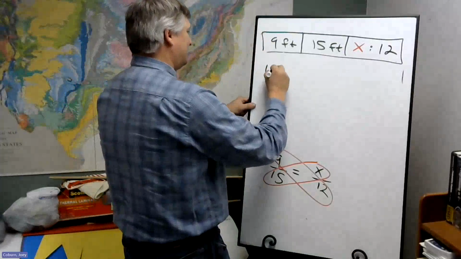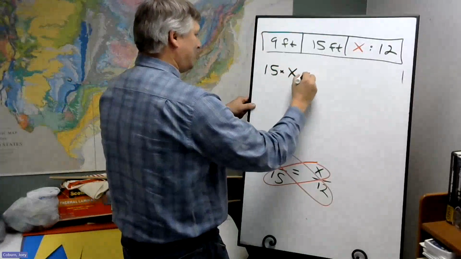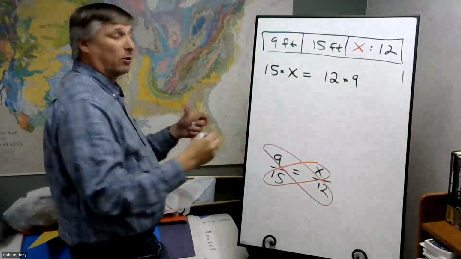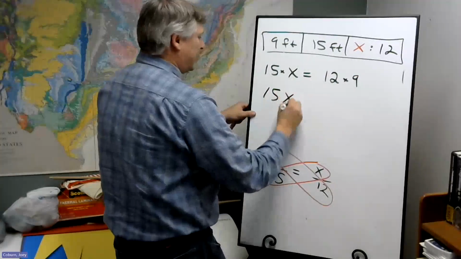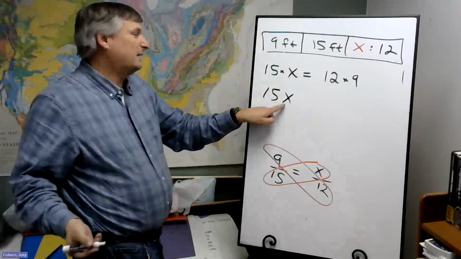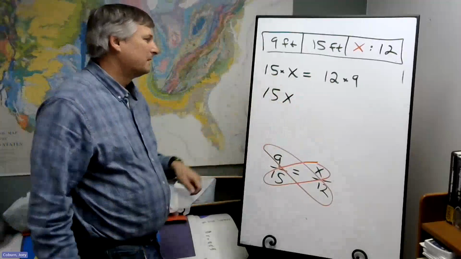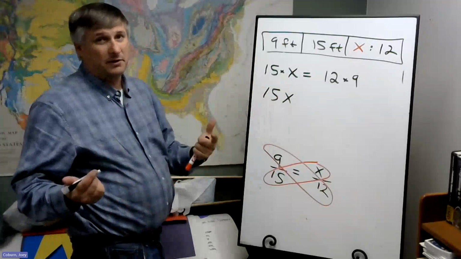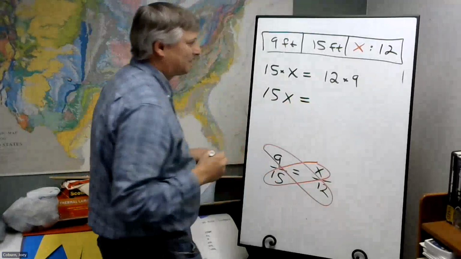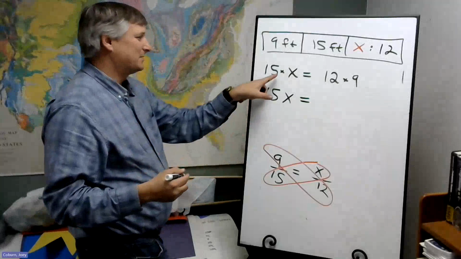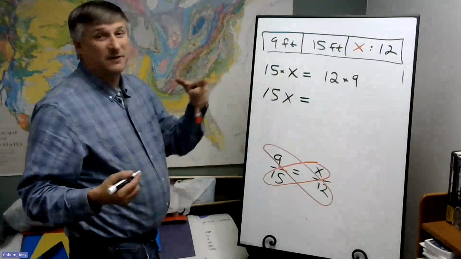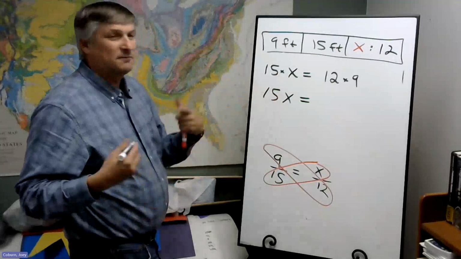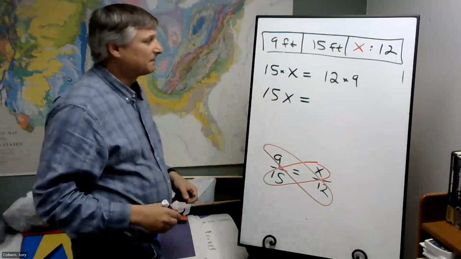We have 15 times x equals 12 times 9, or 15x. And when you write the number next to the letter, again, it's the same as multiplying. It's just a shortcut they do in algebra. You could leave it like this and it would be okay. The reason we don't like to do that is it's easy to confuse multiplication with the variable x. Sometimes people will use a dot instead of that little x, so that confusion hopefully doesn't happen.